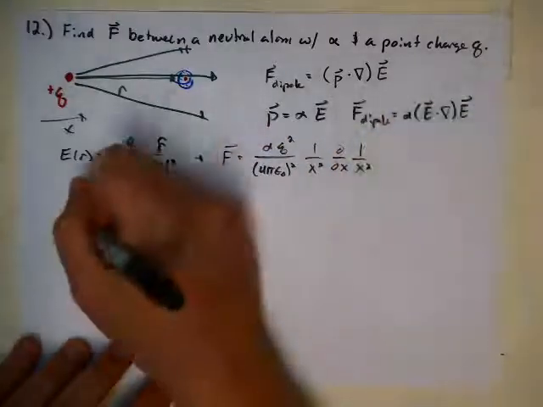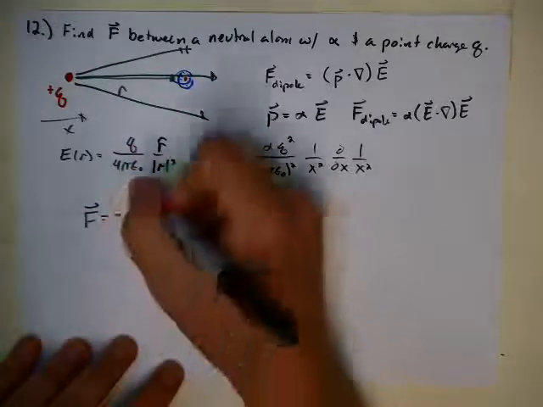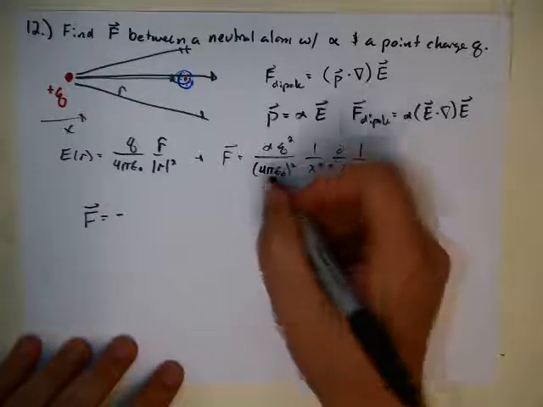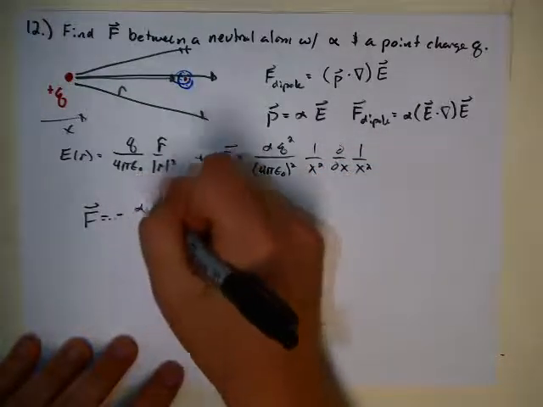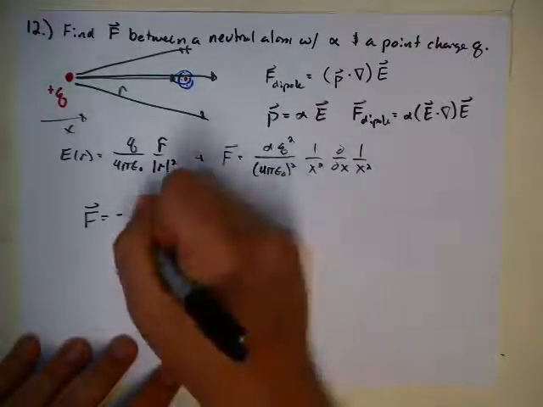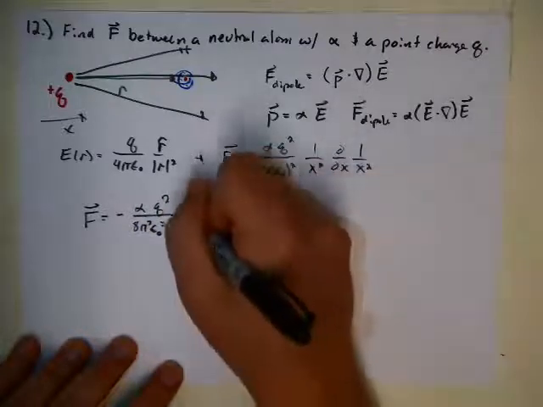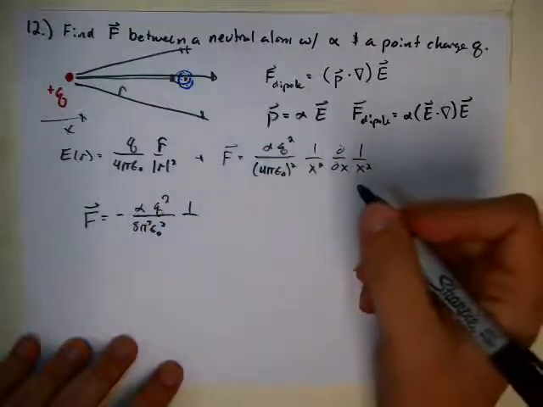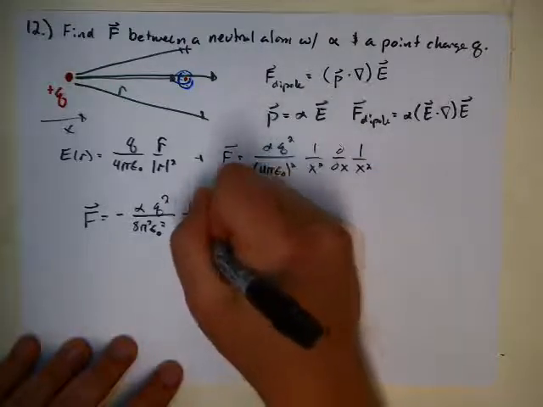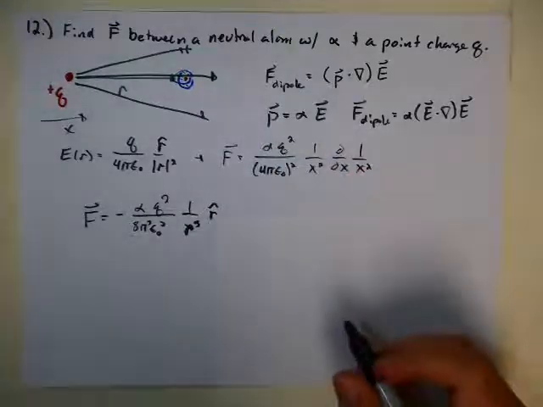And so the force here is then minus 2, which can be canceled with one of the 2's from the 16 on the bottom. And so alpha Q squared over 8 pi squared epsilon naught squared, 1 over x to the fifth, or r to the fifth r hat, if we go back to the radial language.